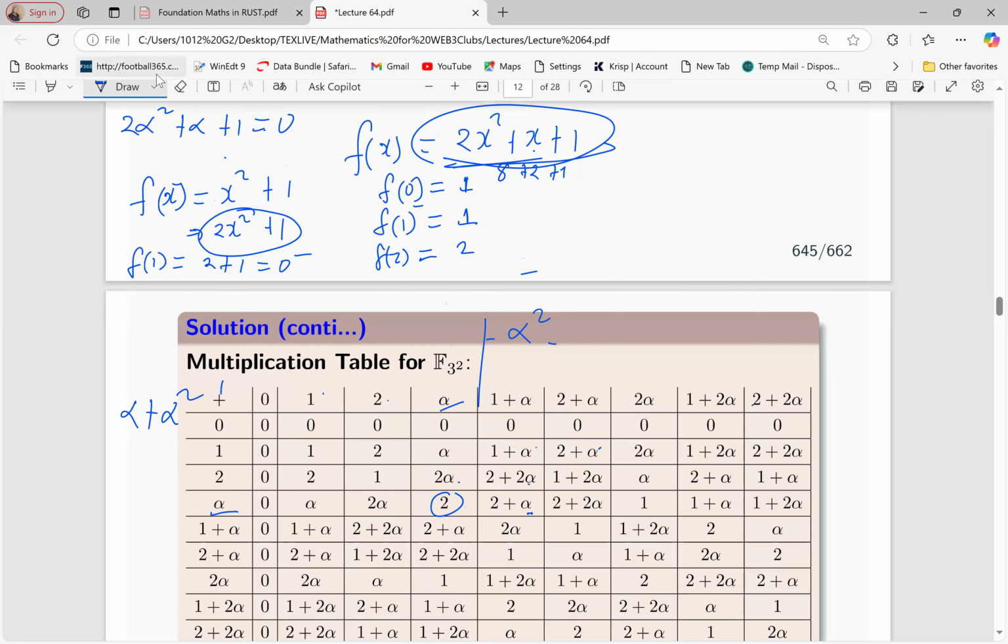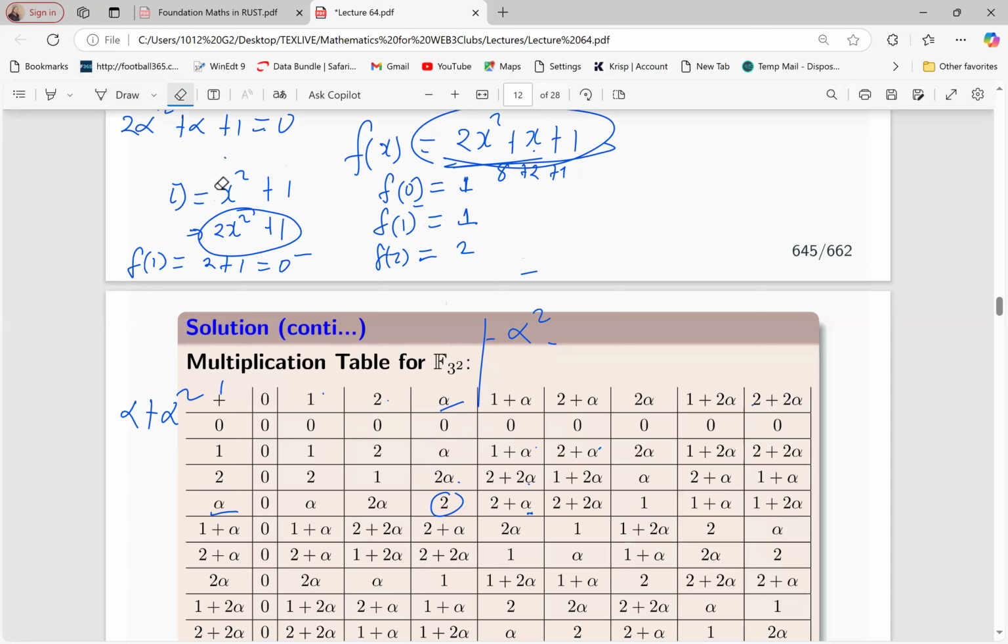So we make alpha square the subject of this formula. I just take the rest to the right-hand side. You have 2 alpha square equals negative alpha negative 1. In other words, 2 alpha square is 2 alpha plus 2, because I'm doing this mod 3.